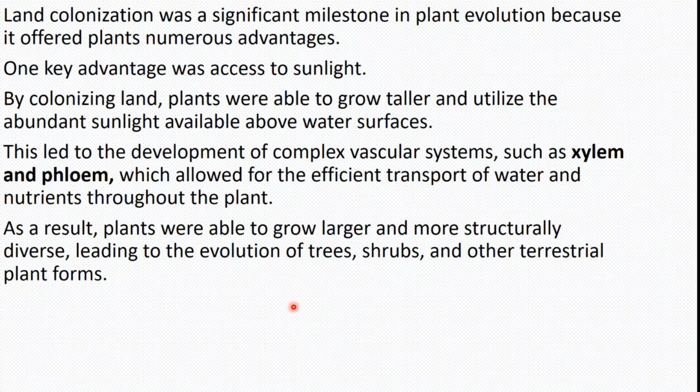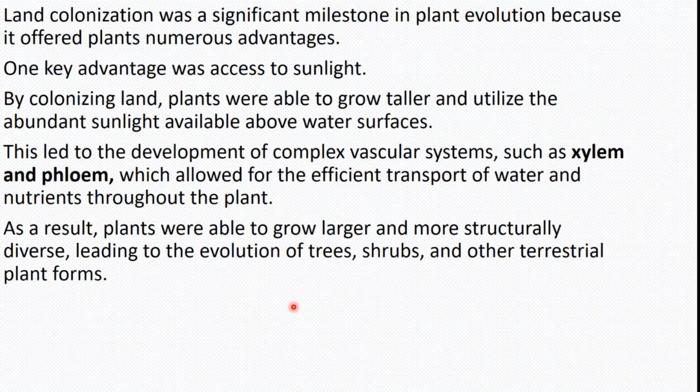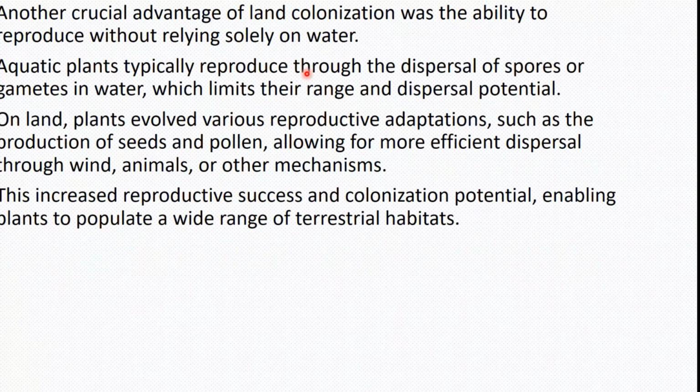So another crucial advantage, and I will highlight them before I send them to you, is the advantage of sunlight. And another crucial advantage of land colonization was the ability to reproduce without relying solely on water.